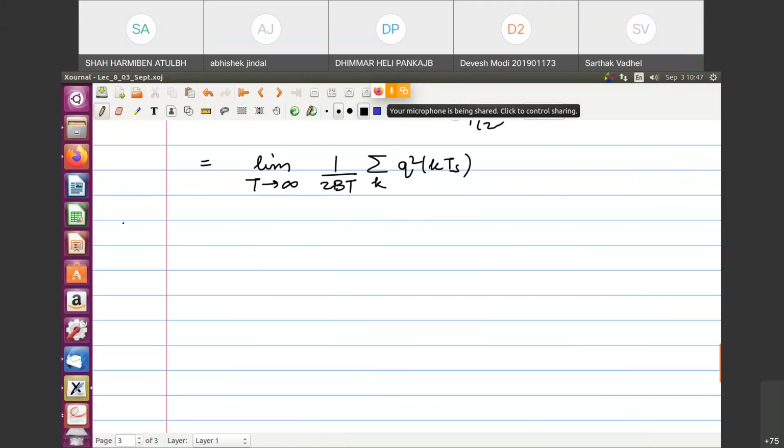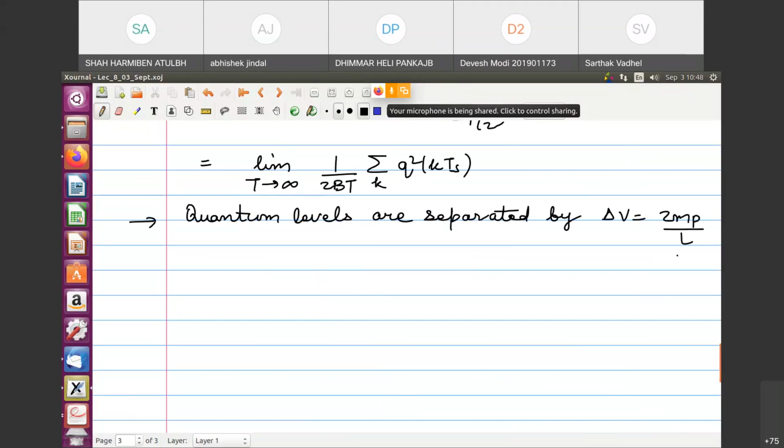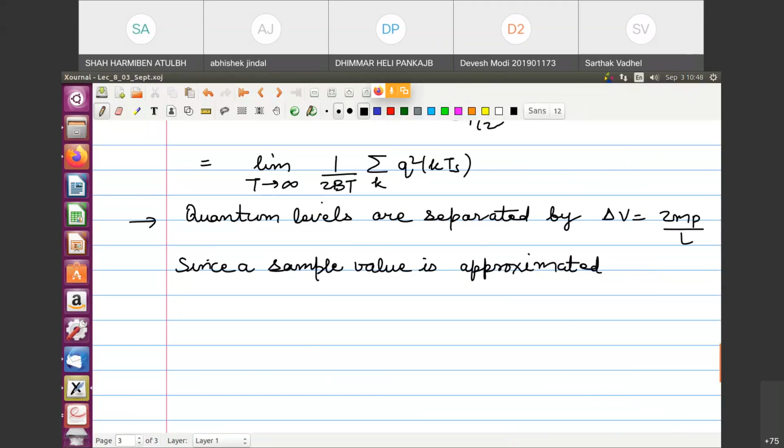Quantum levels are separated by delta V equal to twice of Mp by L. So right now we are studying uniform quantization only. Since a sample value is approximated, this is important to note whatever I am writing down, because this will give us the missing link of the derivation.